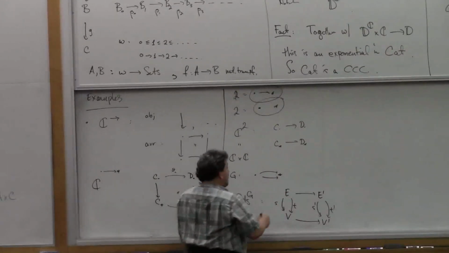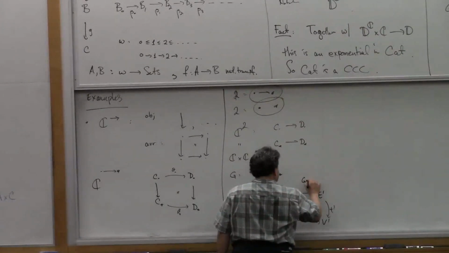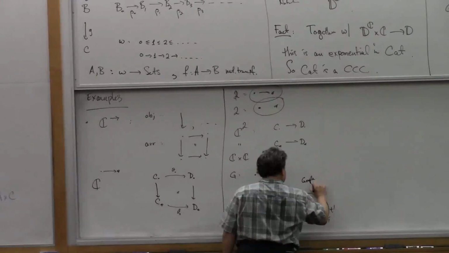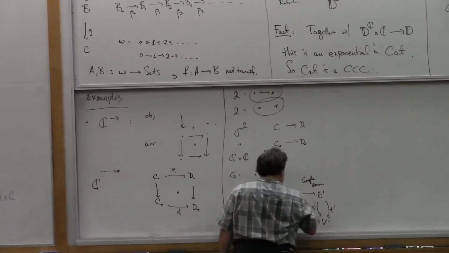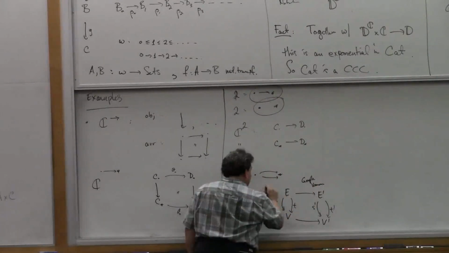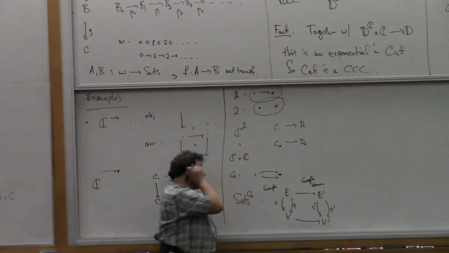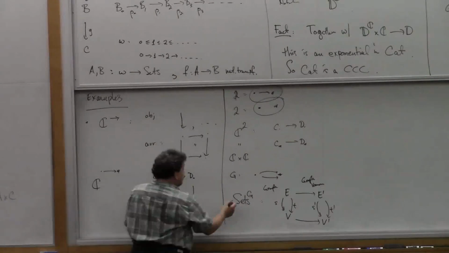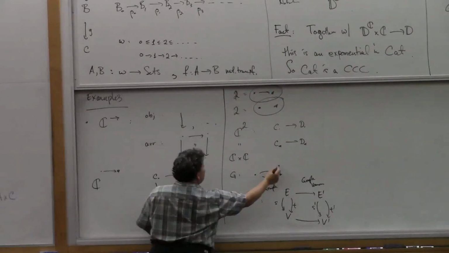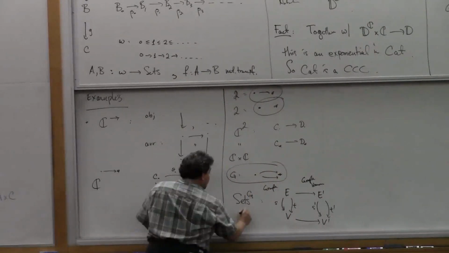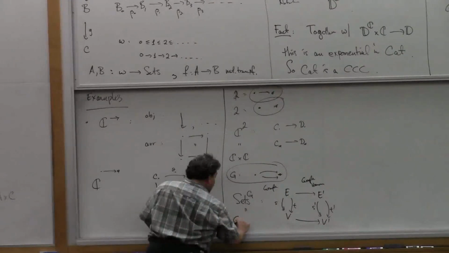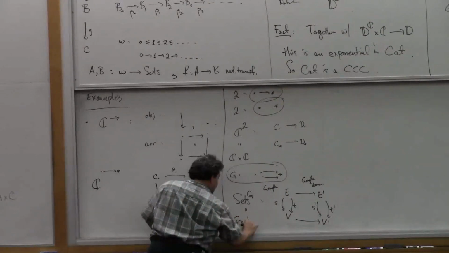So that's exactly a graph homomorphism. So a functor here is a graph, and a natural transformation is a graph homomorphism. So the functor category of sets to the G, where G has this shape, is exactly the usual category of graphs and graph homomorphisms.